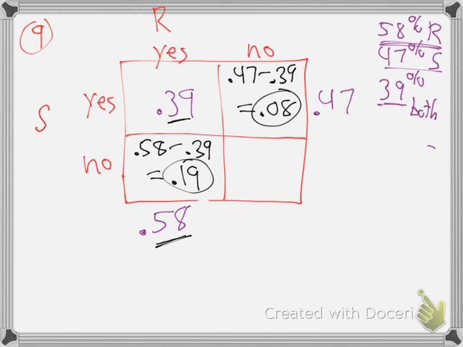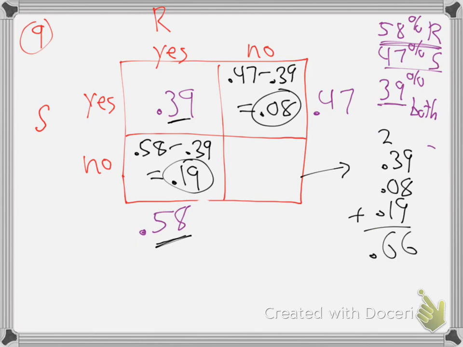And how do we find the final box? Yeah, it's got to be 100 total, huh? So for this box, if you take 0.39, 0.08, 0.19, that goes to 0.66, and 1 minus that would be 0.34. So that box is 0.34. That way everything adds up to 100%.